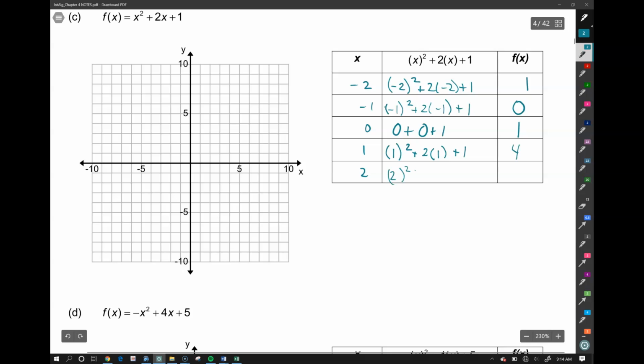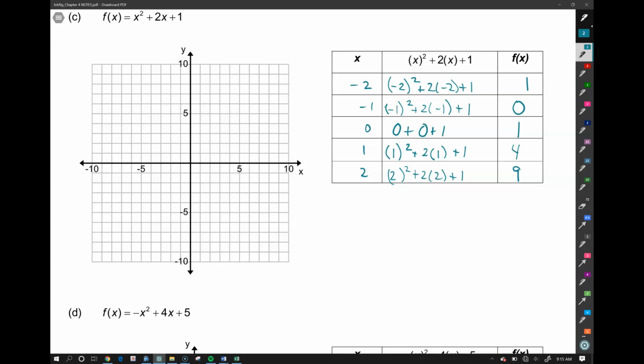See what you get. I'm trying not to go too fast. Ideally, you try to plug these in yourself. So you make a little chart for yourself, right? That's the easiest way to graph it.